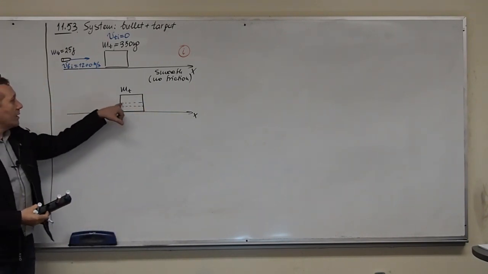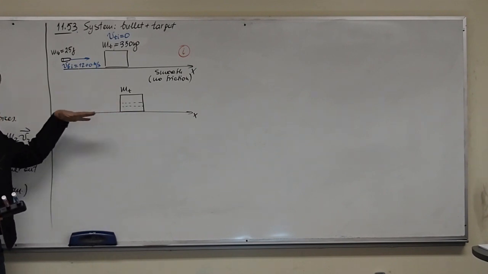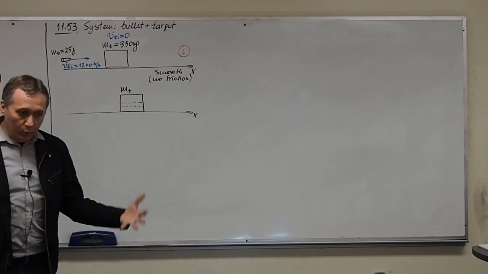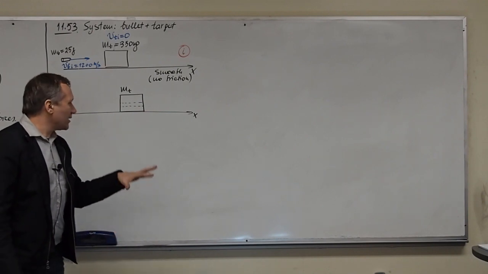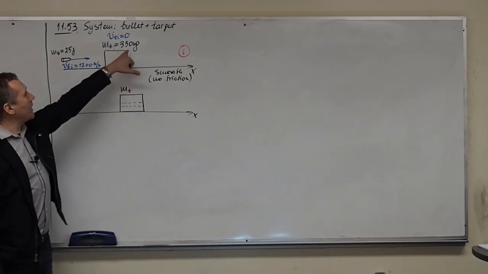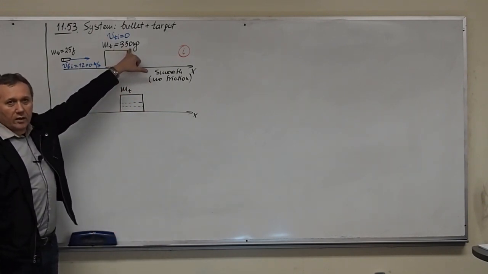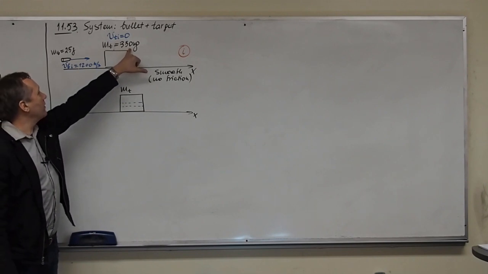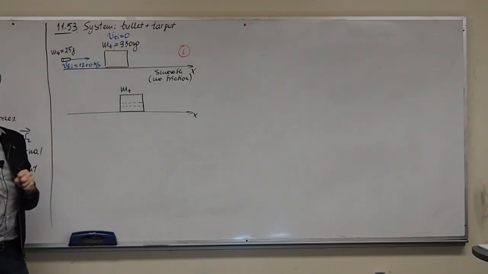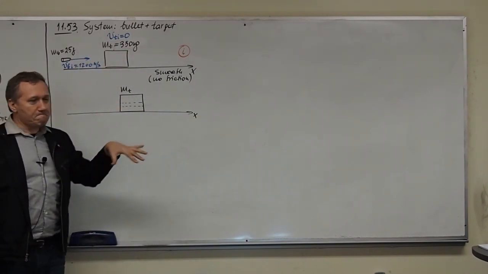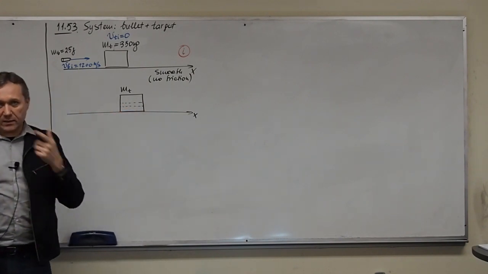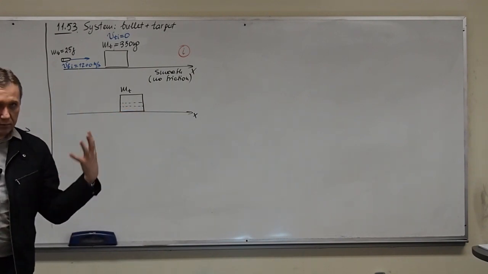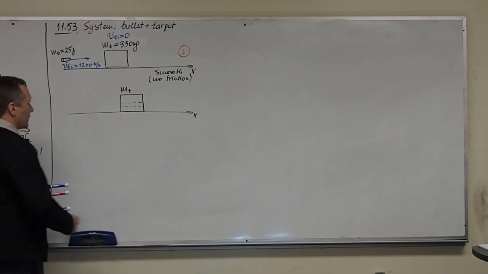Of course, there will be some loss in the mass because the bullet will make some hole. But since the mass of this target is 350 kilograms and the bullet is 25 grams, that loss in the mass will be very small, so we can neglect it.